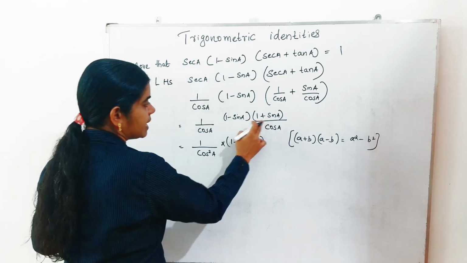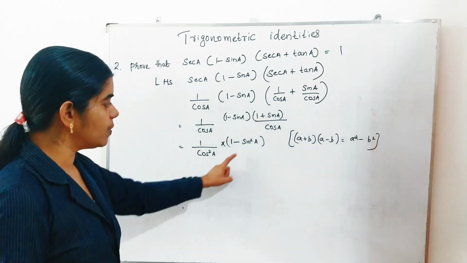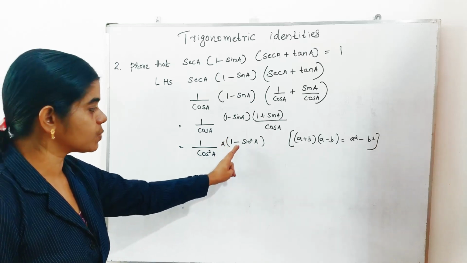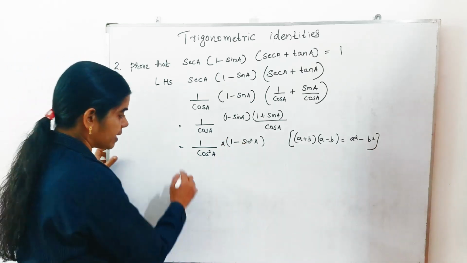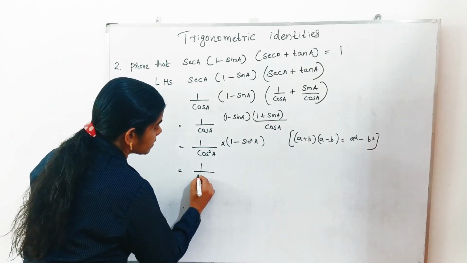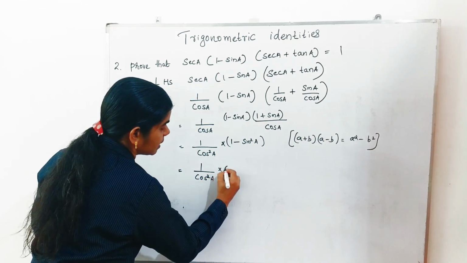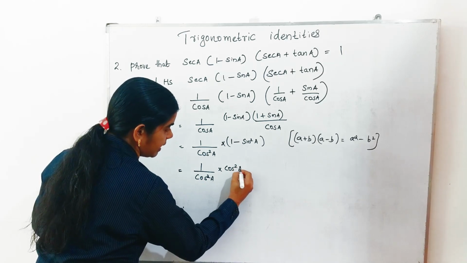So 1 plus sin A into 1 minus sin A is equal to 1 square minus sin square A, but 1 square is 1 itself. That's why 1 minus sin square A, and that is equal to cos square A.